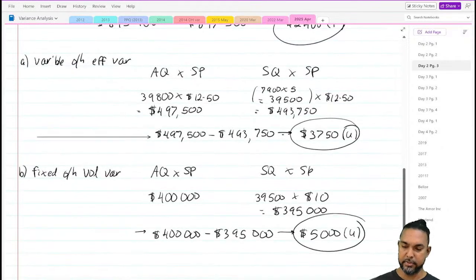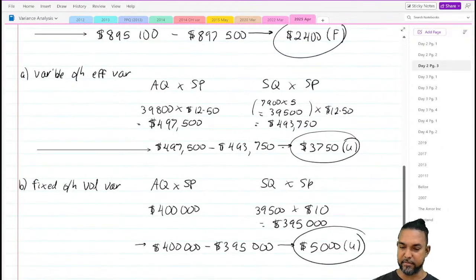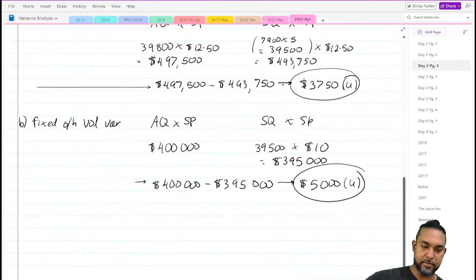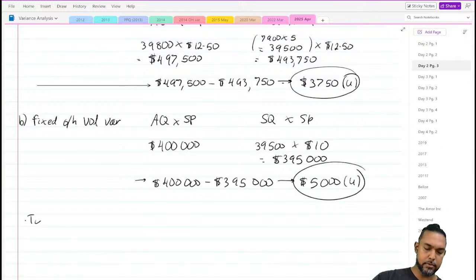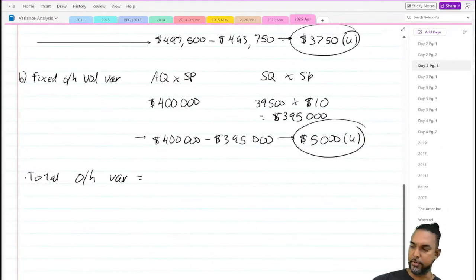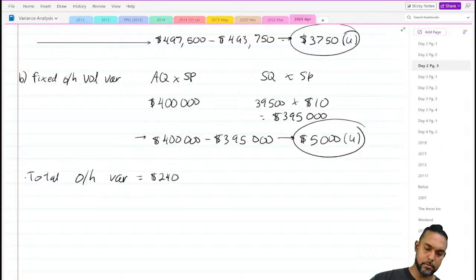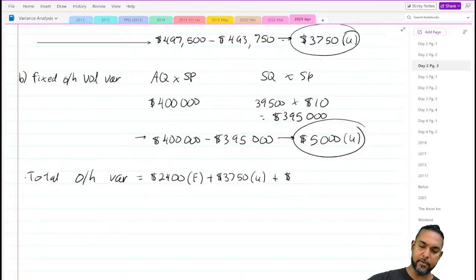All right, so we have basically 8750 unfavorable and then 24. So hold on, let me just make sure I have enough room here. Oh, okay, that's fine. Right, so total overhead variance is equal to 2400 favorable plus 3750 unfavorable plus, sorry, 5000 unfavorable.